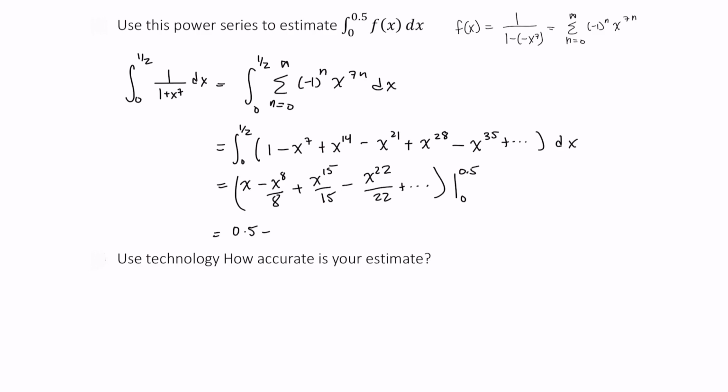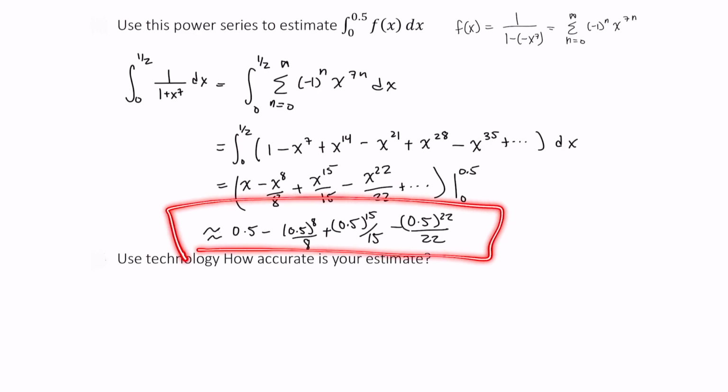So this is 0.5 minus 0.5 to the 8th power over 8 plus 0.5 to the 15th power over 15 minus 0.5 to the 22nd power over 22. And so this is an estimate, I should say. I'm going to stop here, the first 4 terms of this series.